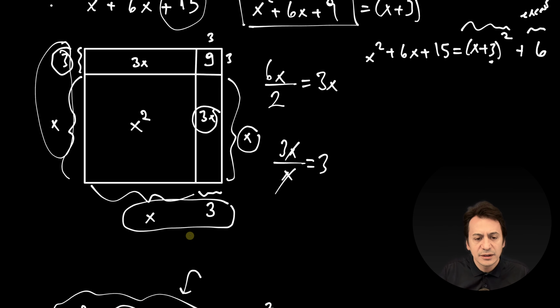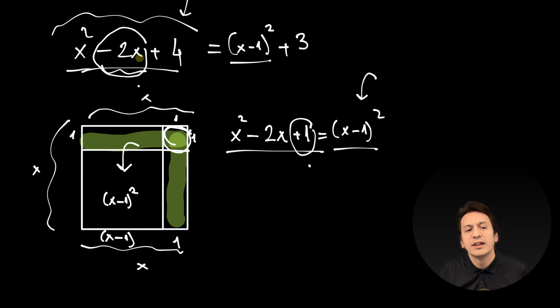And here again, the sum of the rectangles is 2x, so the area of one rectangle will make 1x. You can see it clearly here. Let's make one more example. So you are clear about taking half of this, and then we take half of this. This makes 1, so we can see this 1 here.